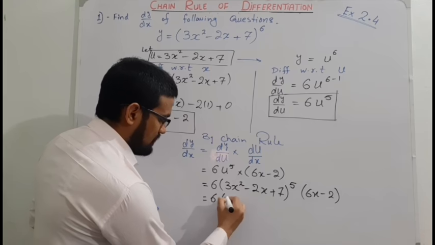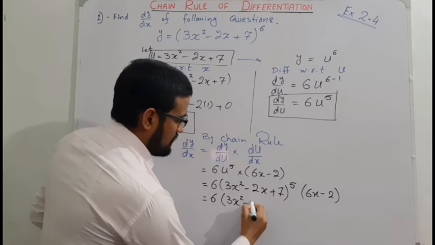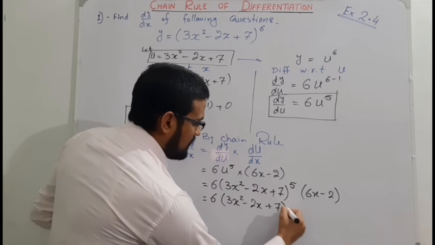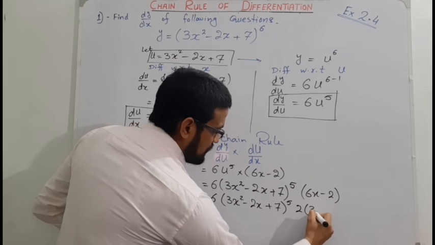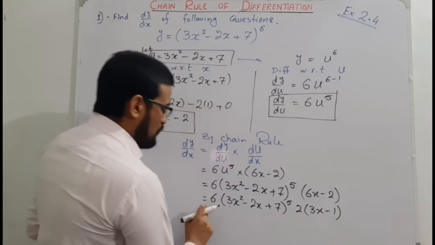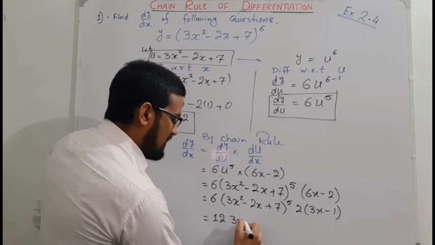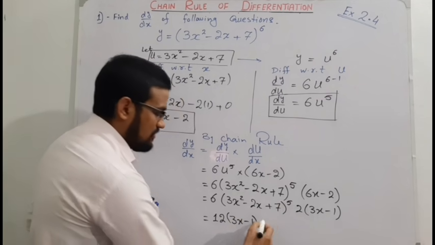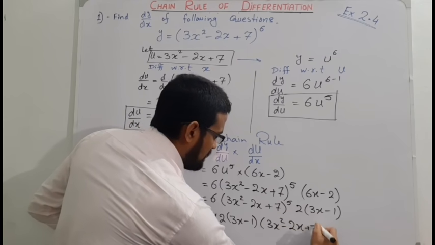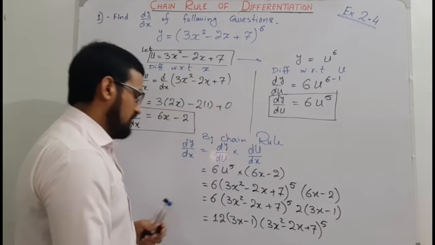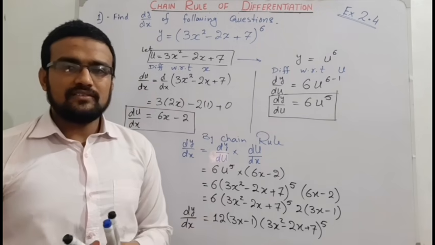So 3x square minus 2x plus 7 raised to power 5, 2 take common, 3x minus 1, 2 into 6, 12, 3x minus 1 also arranged, 3x square minus 2x plus 7 and whole power 5. This is the final result, dy over dx.